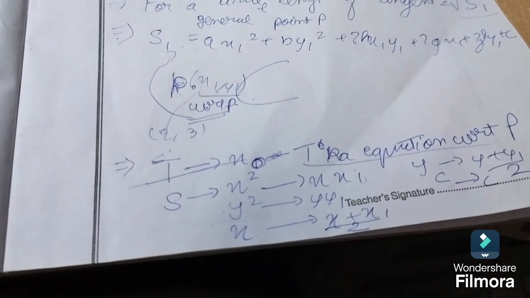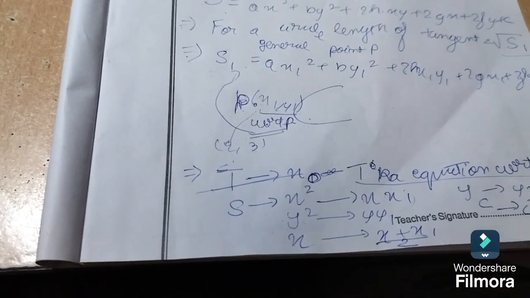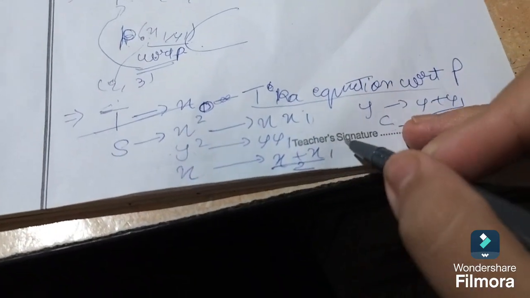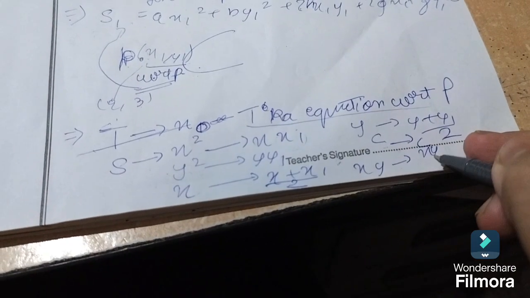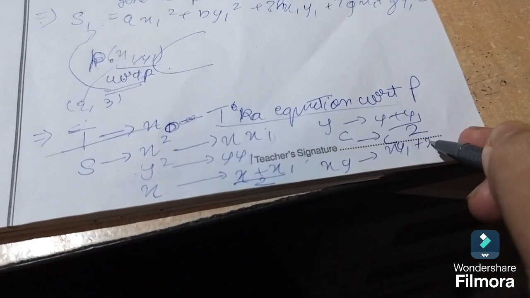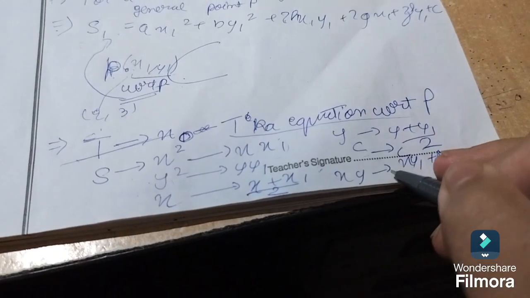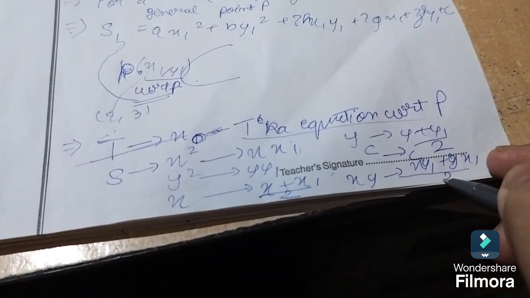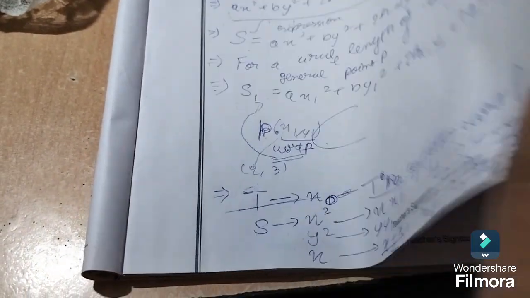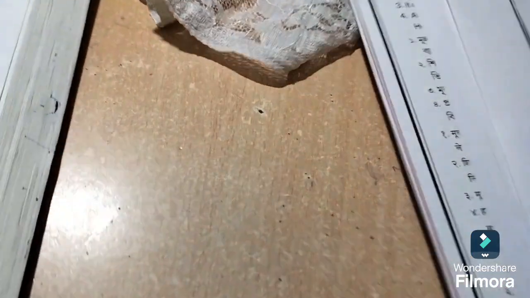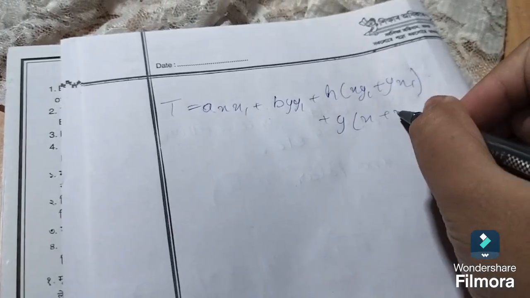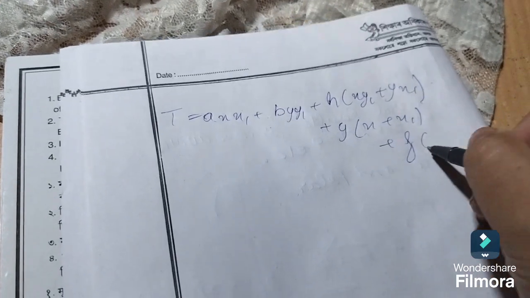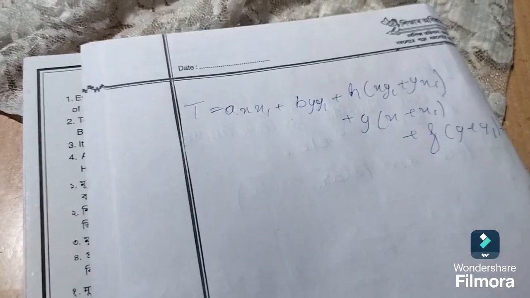So for xy it is (xy1 plus x1y) divided by 2. So this is the general format. Now if you write it, you will get this plus g(x plus x1) plus f(y plus y1) plus c, right? So this is the general obtained equation.